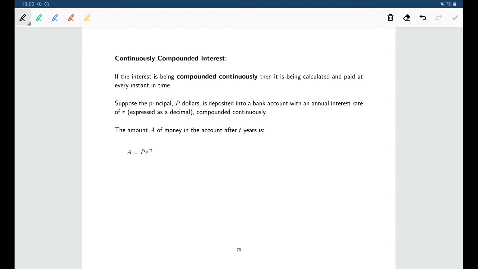One of the nice things about this is that if you were to let n get larger and larger and larger, so if we're thinking back to our compound interest formula, if you were to let n become infinitely large, as it turns out, this formula becomes equivalent to something involving the natural log's base, which is base e, that natural number. A is equal to P e to the power of RT.